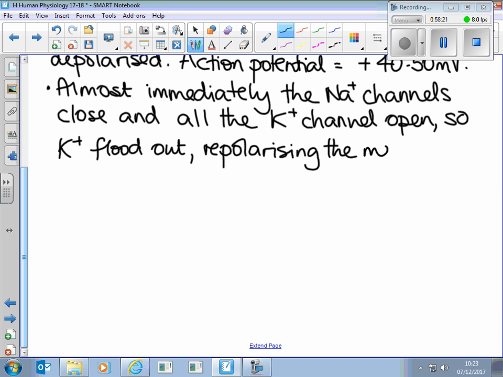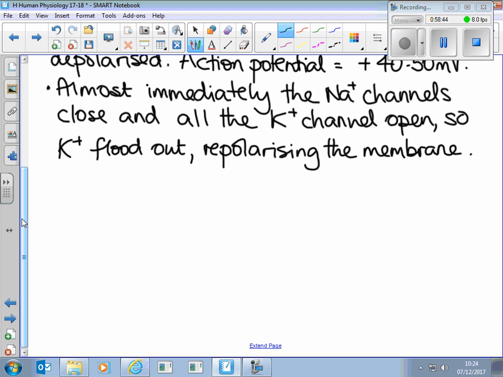The trouble is, this is not repolarized to the point that's actually going to be any use at the moment, because they will only flood until you've got equal concentrations, won't they, on each side? Although what tends to happen with this is that the potassium is so eager to get out, it overshoots somewhat.